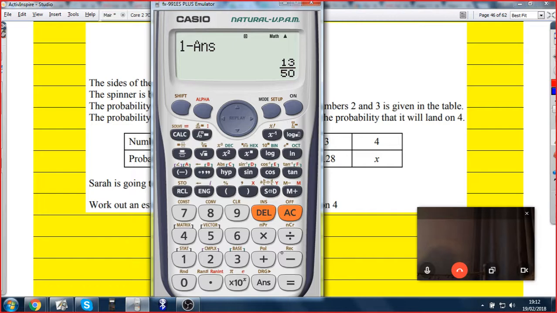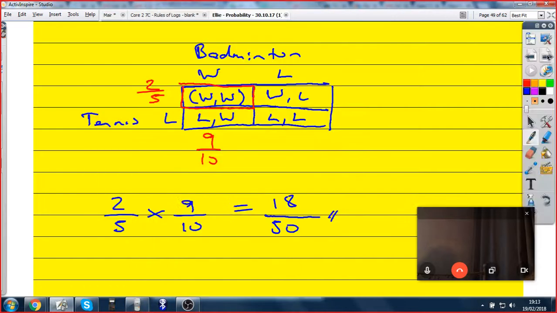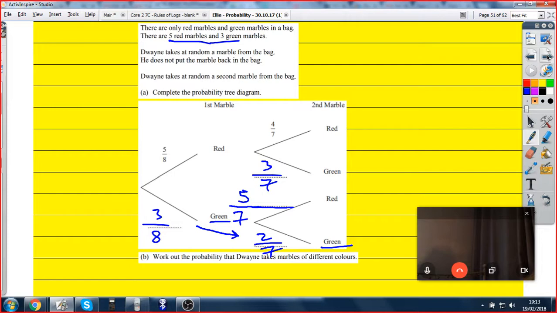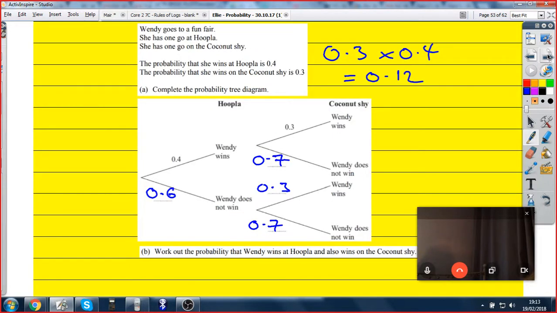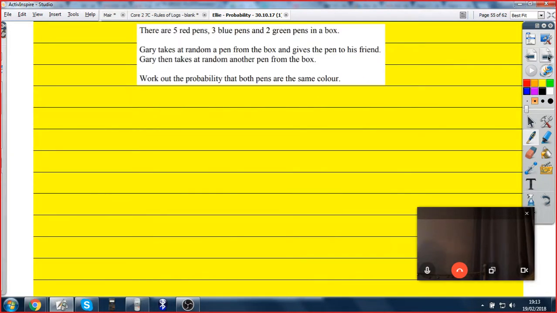Oh, we started probability tree diagrams. Okay, so this is where we stopped. Okay, so this is when they don't give you a diagram. Okay, I'll let you read that. Tell me what you think.